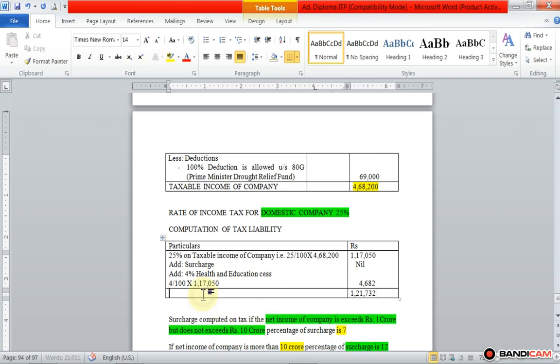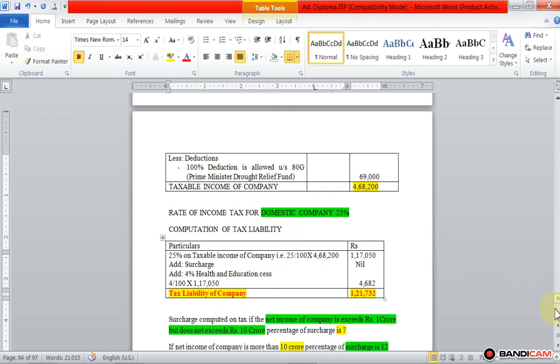Okay, so here the tax liability of the company amounted to rupees 1,21,732. Got it? So it is very easy to compute. Okay, the tax liability of the company.